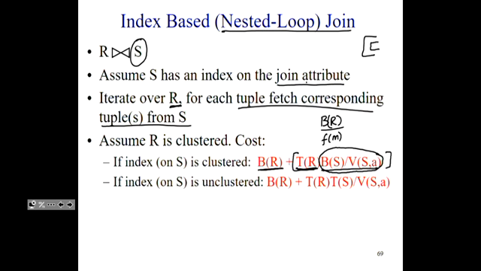The number of blocks is simply B of S divided by V of S comma A, because this is the number of blocks corresponding to each distinct value of A. Similarly, if the index is unclustered, you simply replace this part of the formula: instead of B of S, it's T of S, so the number of blocks is as many as the number of tuples of S. Is this clear?